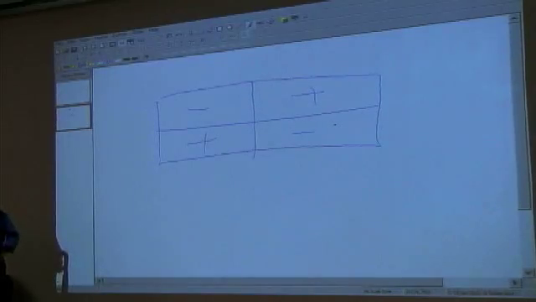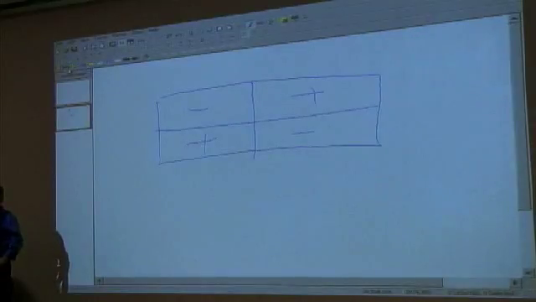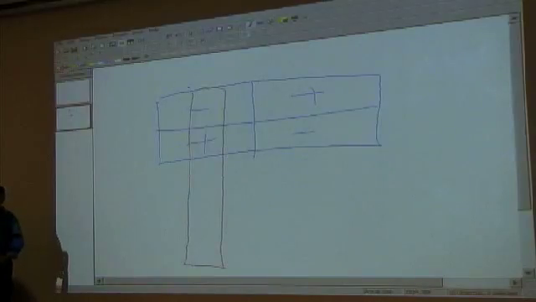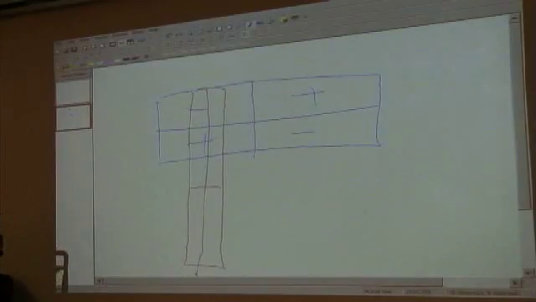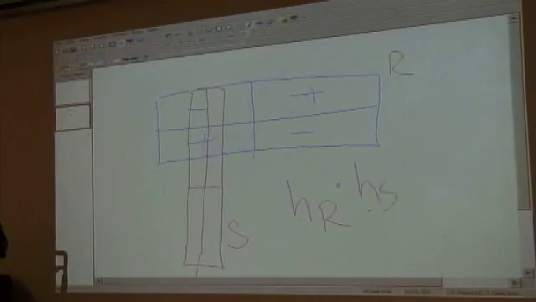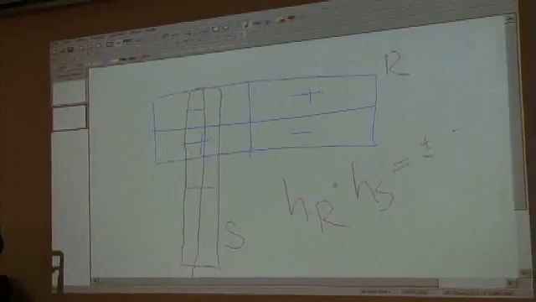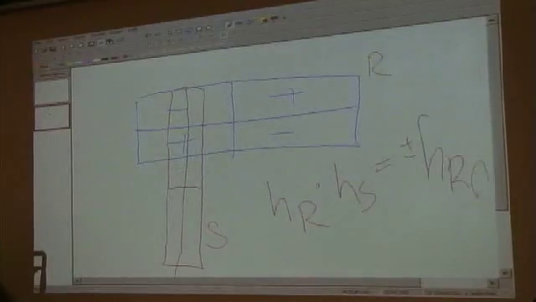And now we use the technology for this special circumstance in dimension 2: if I draw a second rectangle that looks, for instance, like this, I divide it in 2. Let's call this R, this S, and HR times HS will be, up to choice of sign, the R function associated with the intersection.